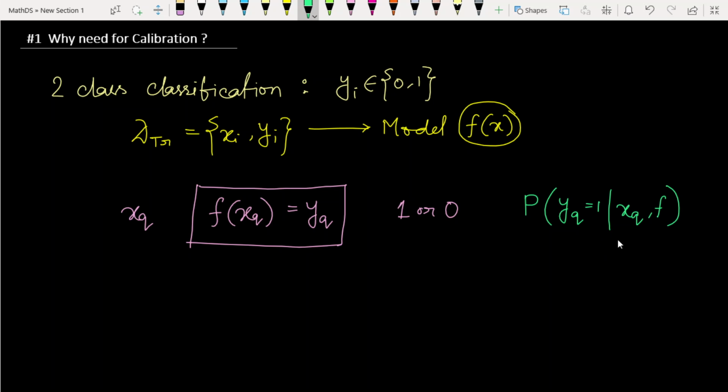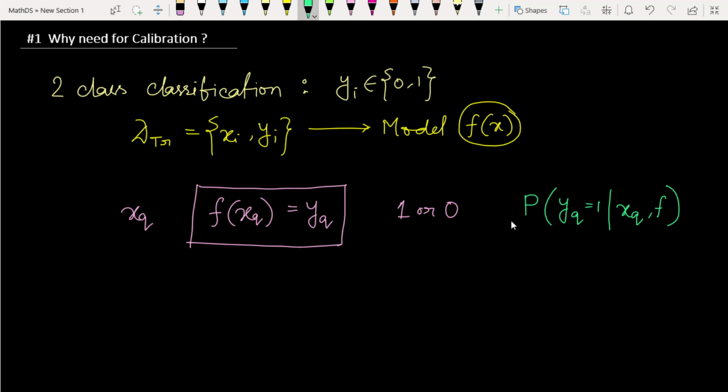If somehow we can find the exact value of this probability, then this output will be more realistic than the simple 0 or 1.